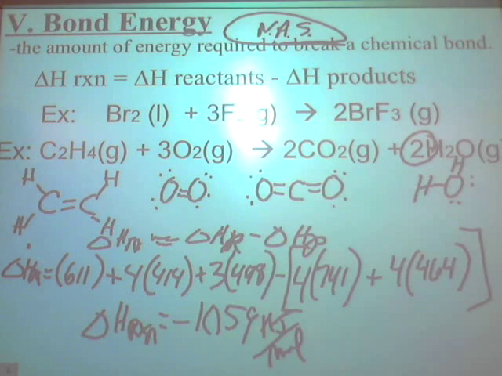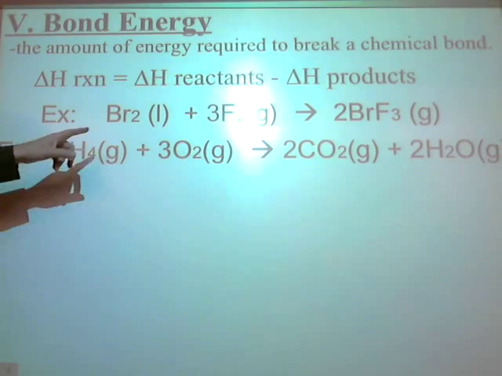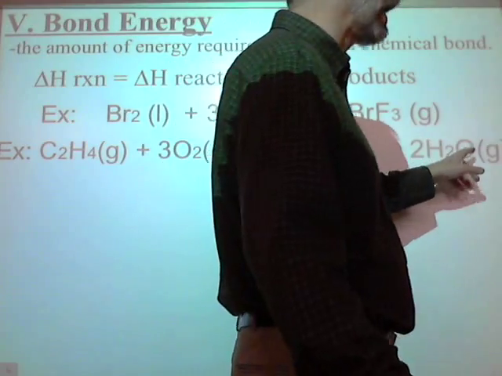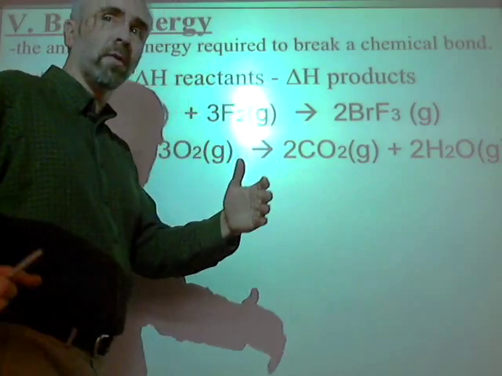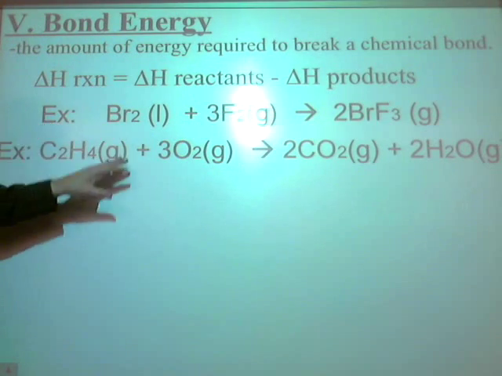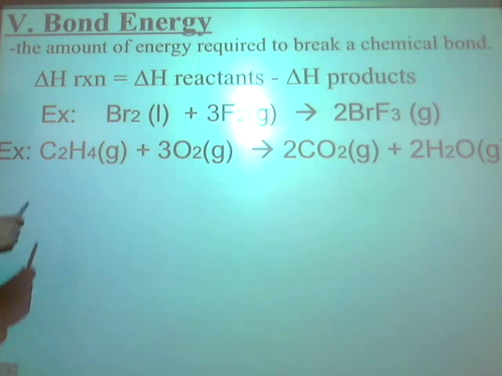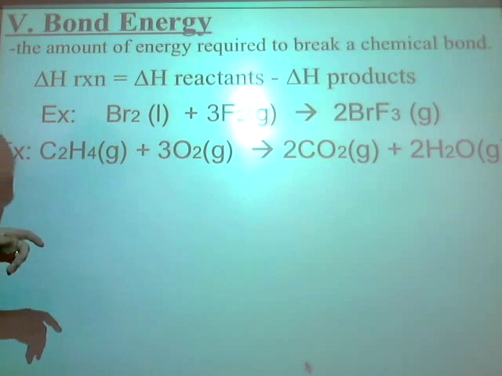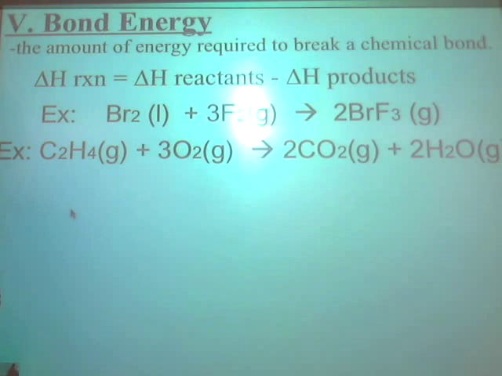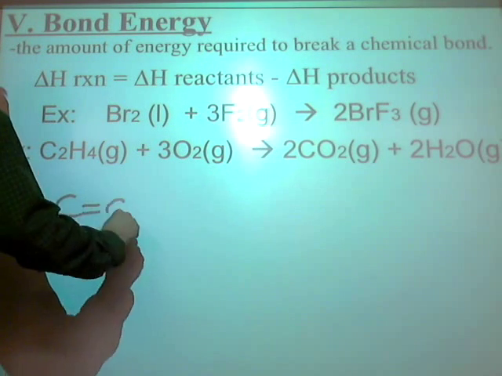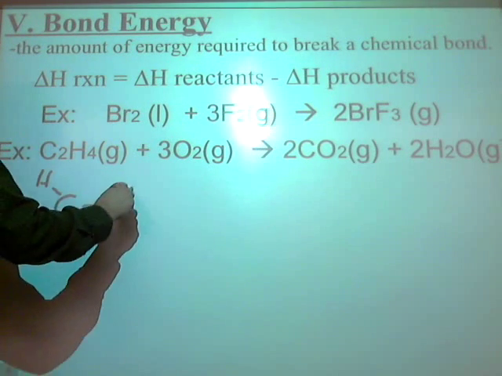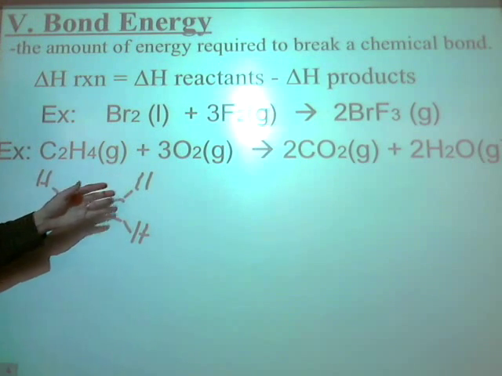Here's the reason why. When I look up delta H information in the back of the book, I am doing that at the specific temperature it says on that chart for the entire compound. Here, when I do these, I have to assume that I'm taking each one of those bonds and breaking them. Well, in reality, the C-H bond that I look up on that chart is an average C-H bond.